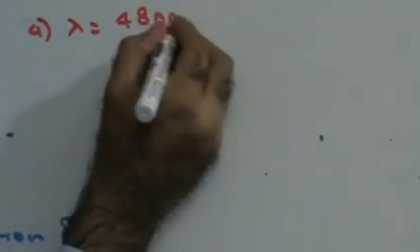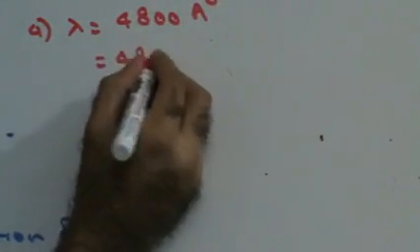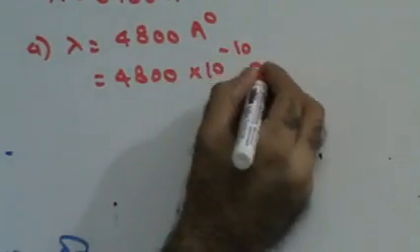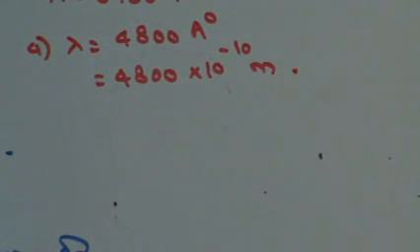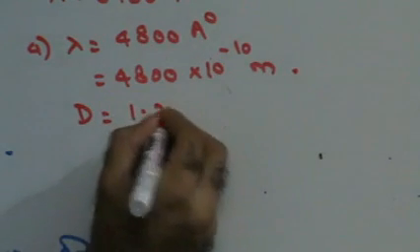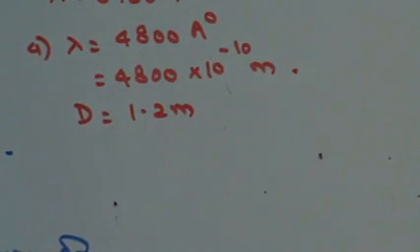Next, take on next one please. A monochromatic light has a wavelength of 4800 Armstrong units. Diffraction pattern is obtained on the screen 1.2 meters away from the slit.